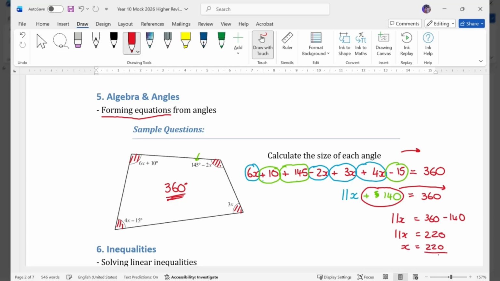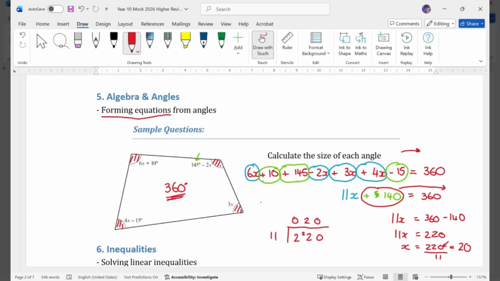Now we could use a bus stop, but if we ignore that 0 for a minute, what I can actually see here is 22 divided by 11. 22 divided by 11 is 2. And then we can just put that 0 back on. You'd get the same doing it there. 11 doesn't go into 2, goes into 22 twice, goes into 0 zero times. We now know that x is 20.